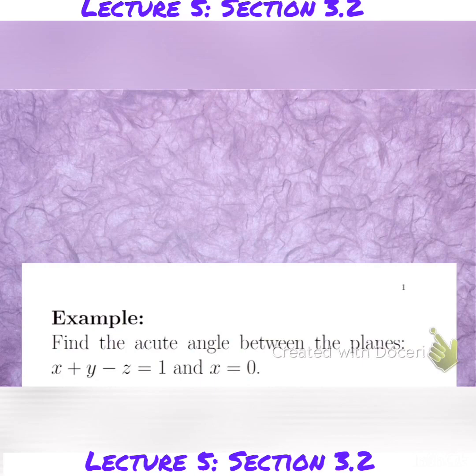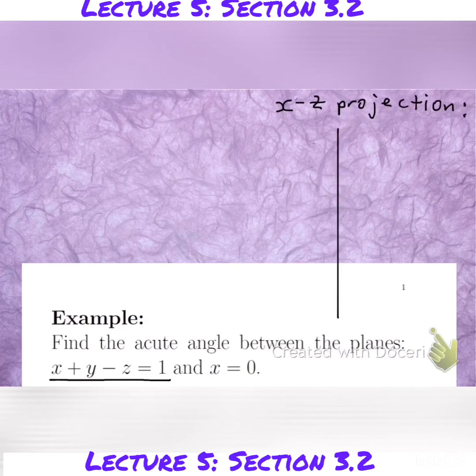Okay, so let's look at the example. Find the acute angle between the planes x plus y minus z equals 1 and the plane x equals 0. So I want to just look at what this plane more or less looks like. I'm going to consider the xz projection. So here you've got your z-axis, and then you've got your x-axis.